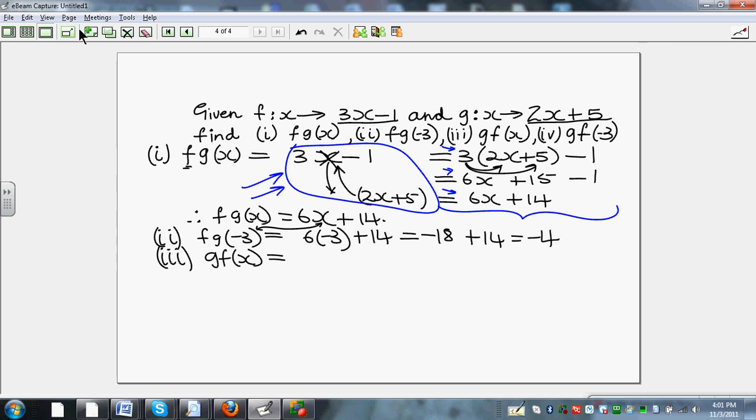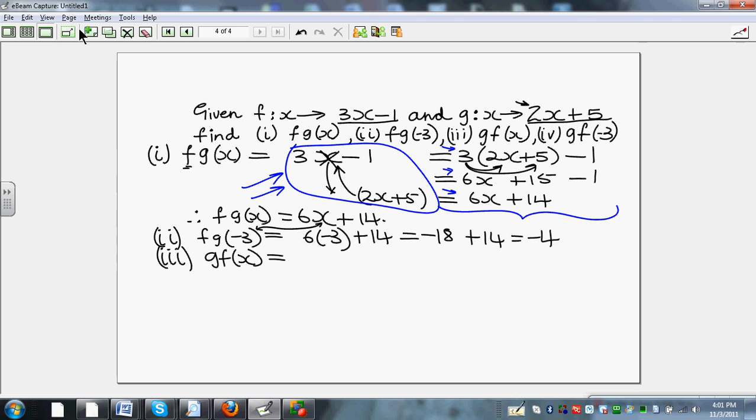Okay, so in part 3, where we had to find gf of x, what we say is in the function on the left, which is g of x, which is 2x plus 5, what we are saying is that instead of x there, we will replace x by the function on the right, which means we will replace the x in 2x plus 5 by f of x.